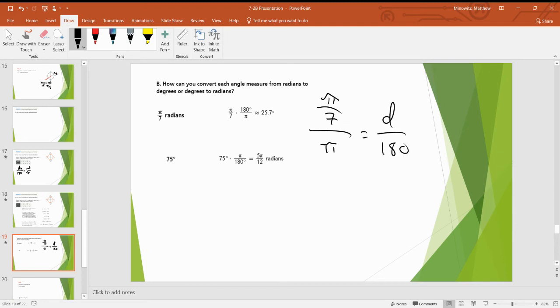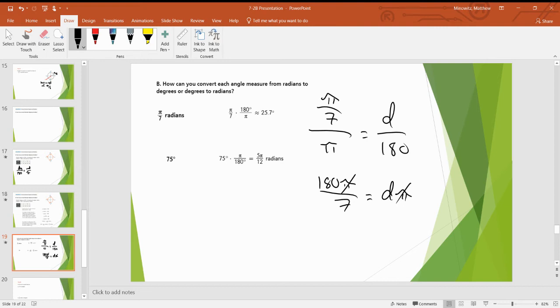And then I'm going to solve a proportion. So I do cross product and get 180 pi over 7 equals d times pi. And then the pi's cancel out, and I'm left with 180 divided by 7 degrees. And if I want to convert that to a decimal, I can do 180 divided by 7 in my calculator.